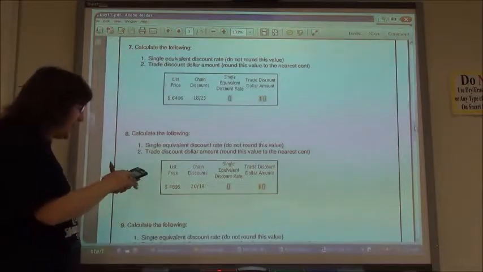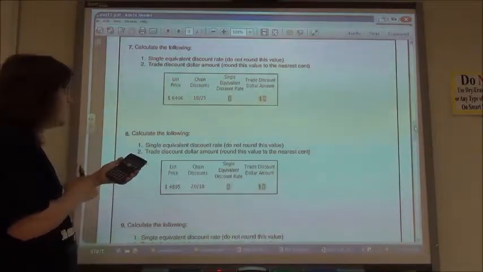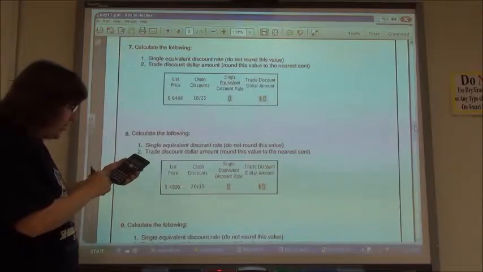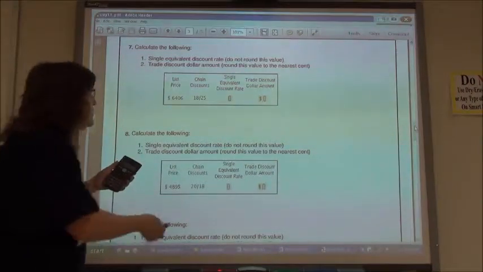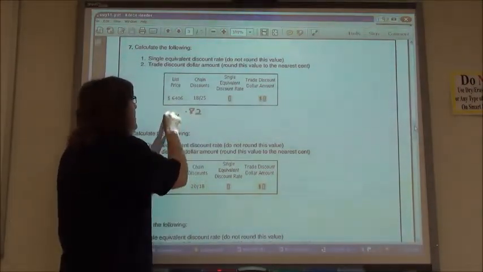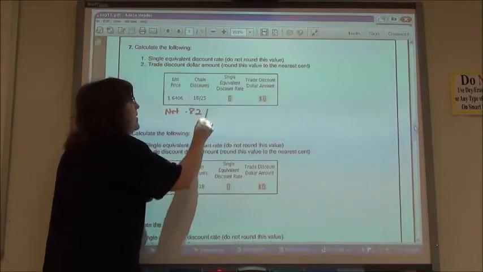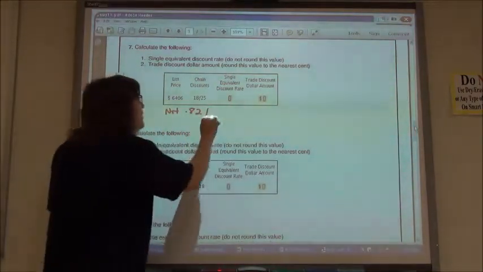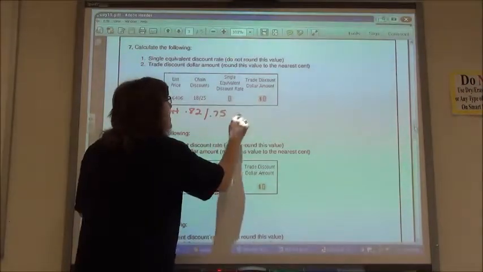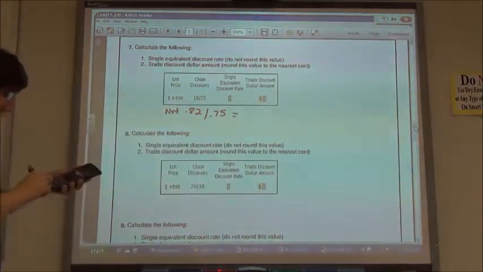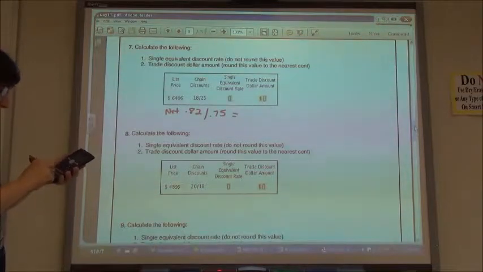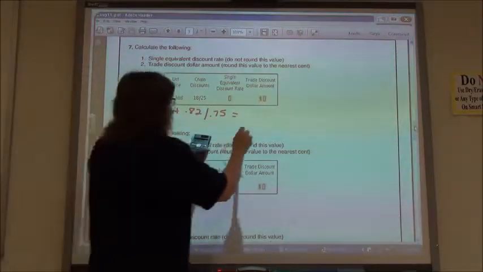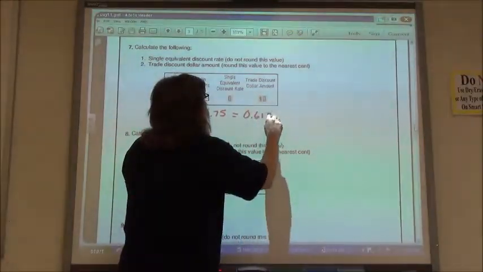So for my chain discount here, if I have an 18% discount, 100 minus 18 gives me 82% for the net. If I have a 25% discount, 100 minus 25 would give me 75% for a net. And so if I multiply that, 0.82 times 0.75 gives me 0.615.